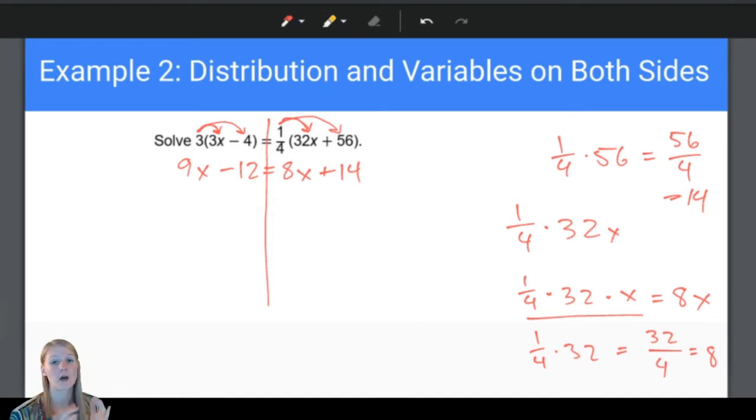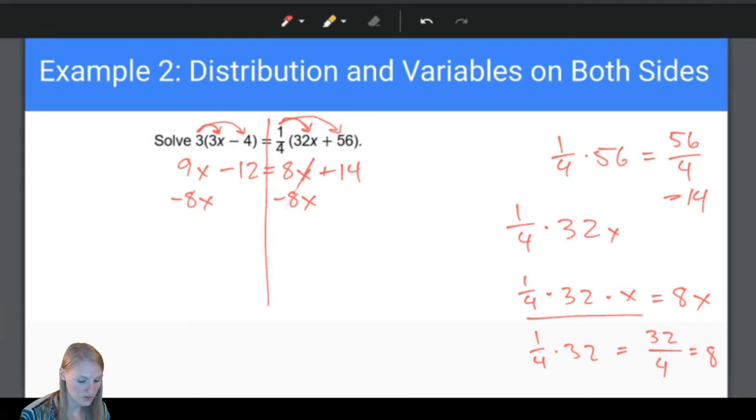Some people find it easier to keep the coefficient of x positive. So if I subtract 9x from both sides, 8 minus 9 is negative 1. And some people don't like the negative there. So what some people do is say, I'm going to subtract the 8x from both sides.